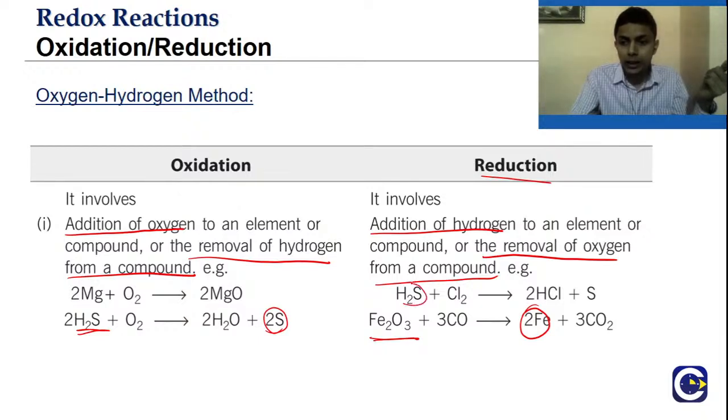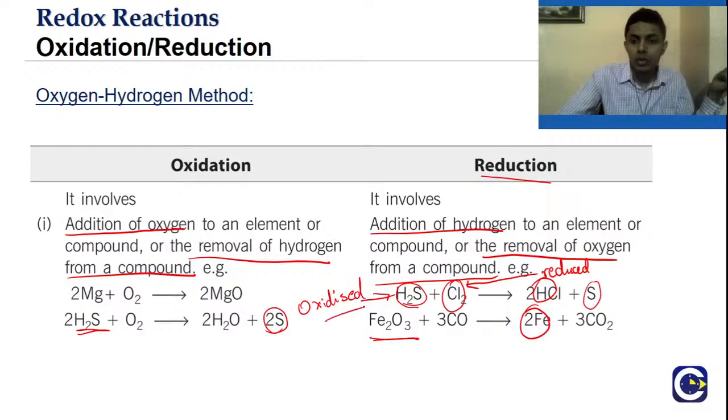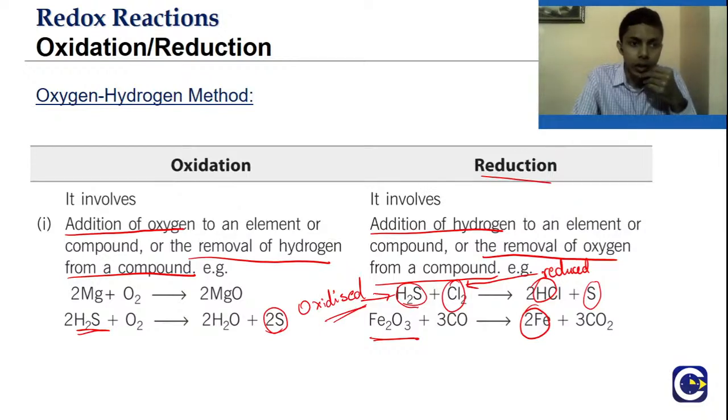And in case of Cl2, H gets added. So these are kind of redox reaction wherein Cl2 gets reduced and H2S gets oxidized. So this is one approach of understanding oxidation and reduction reaction.